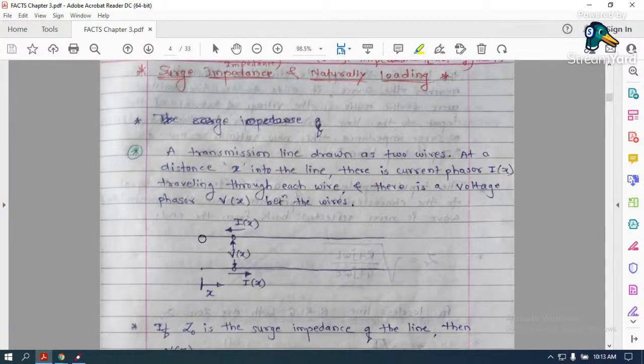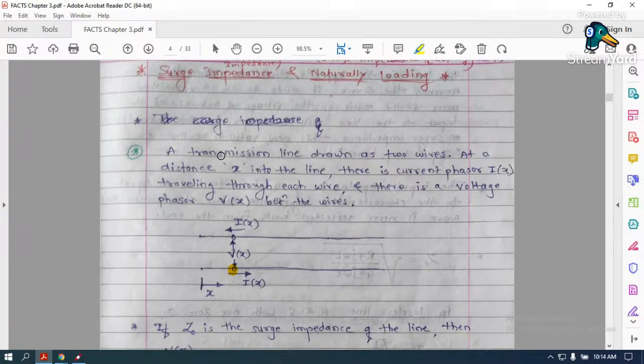So let's assume that this is the transmission line, and this is the point X on the transmission line, where the total length of the transmission line is A miles, and from the sending end to this point, the distance is X. At this point, we have a voltage wave V of X and current phasor I of X. One is an incident wave, the second is a reflected wave.